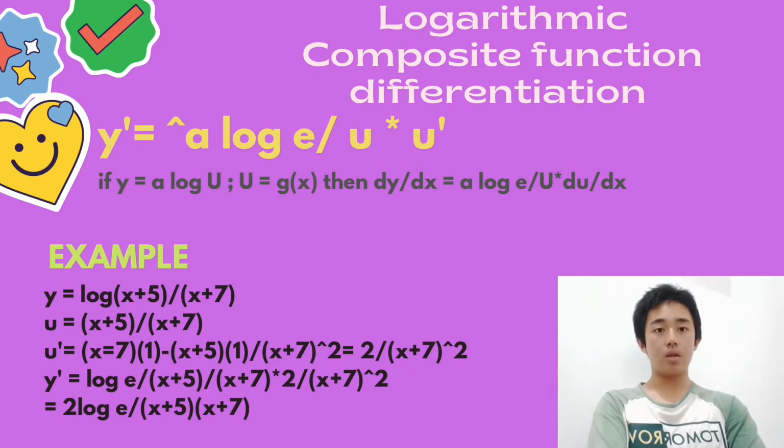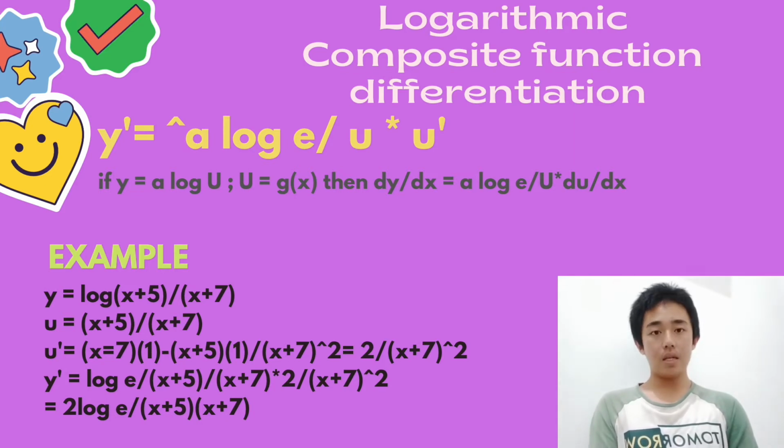When we multiply, we get 2 log e by (x plus 5) times (x plus 7), because the (x plus 7) squared cancels with one (x plus 7) and the power becomes 1, which we don't write.